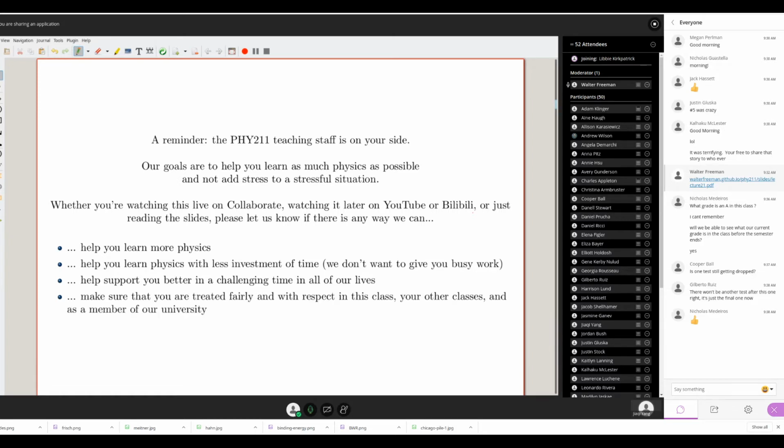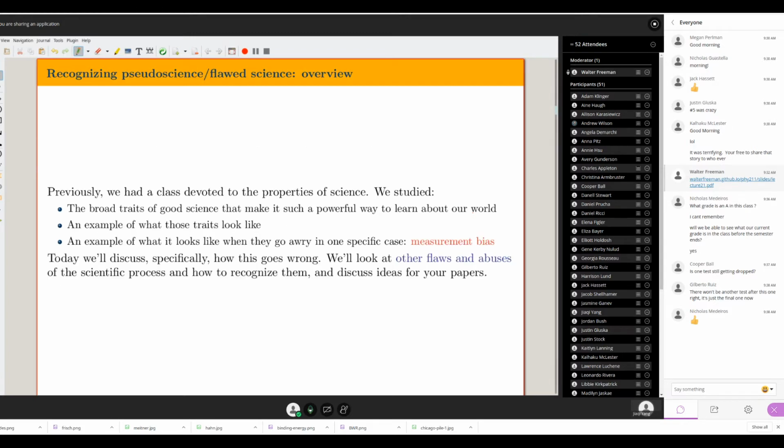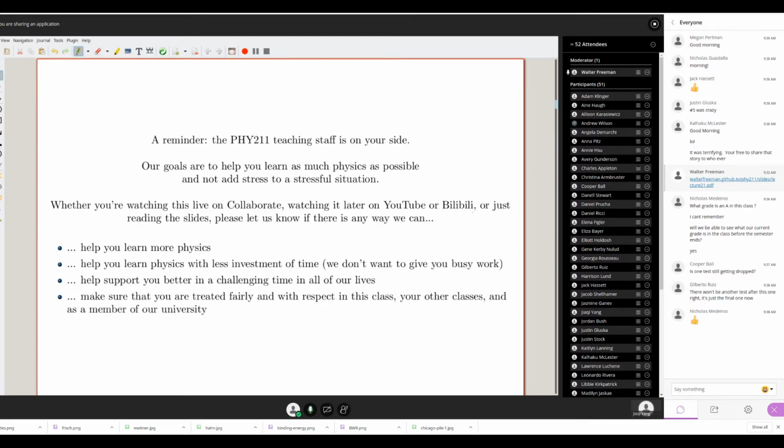And finally, we want to make sure that everybody is treated with respect in this class, and in all of your classes, and in the whole university. So if there's anything that we need to do to ensure that all of these things happen, please drop us a line. You can contact me over Discord, by email, any other means, and we will make sure that you get what you need.